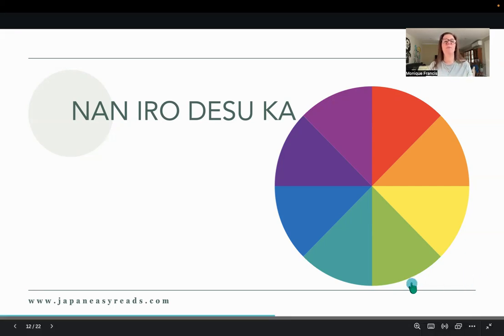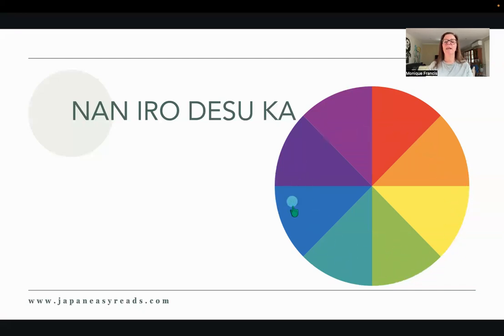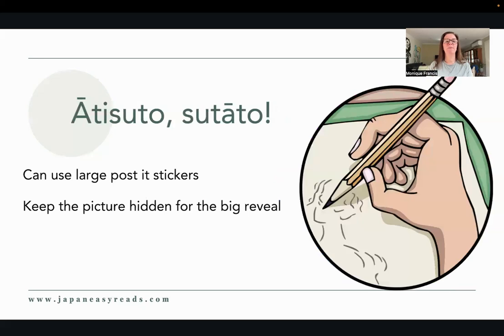So the next question might be, nani iro desu ka? It's a good chance to revise your colours. If you're also doing, and the students know, body parts, you might like to talk about the different colours of different parts of the body, again, judging on where your students are.